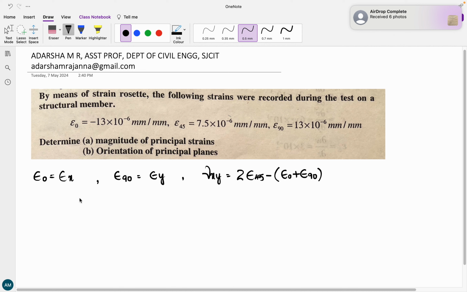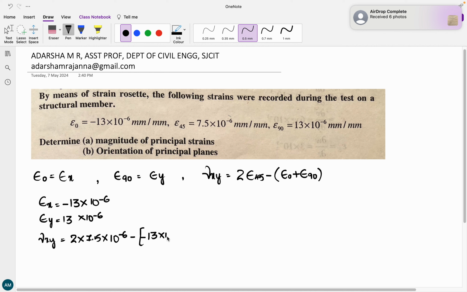After substituting these respectively, epsilon x is going to be minus 13 into 10 power minus 6, epsilon y is 13 into 10 power minus 6, and then gamma xy is going to be 2 into 7.5 into 10 power minus 6 minus of minus 13 into 10 power minus 6 plus 13 into 10 power minus 6.